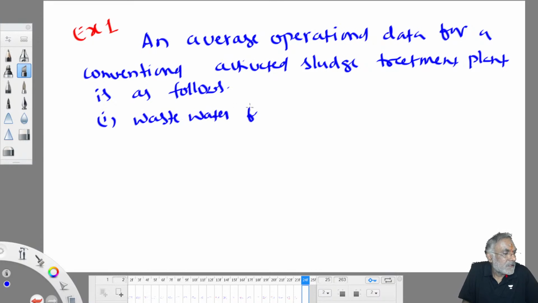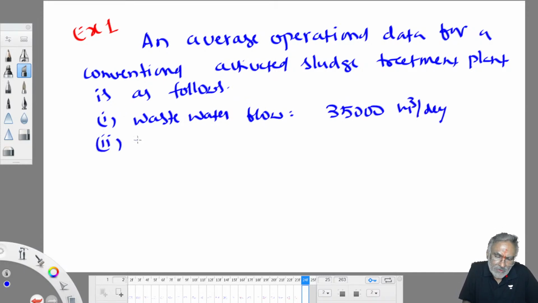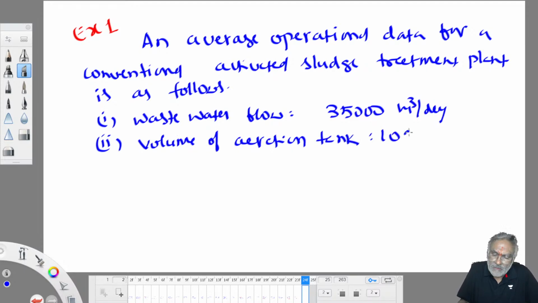Wastewater flow: 35,000 meter cube per day. 2. Volume of aeration tank is equal to 10,900 meter cube.